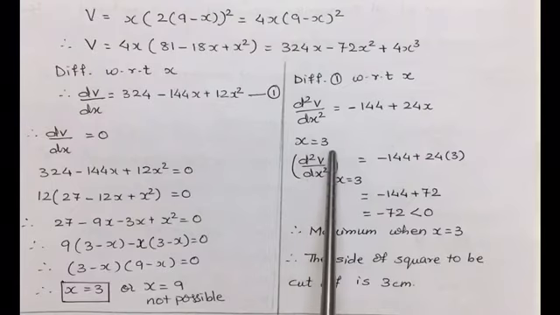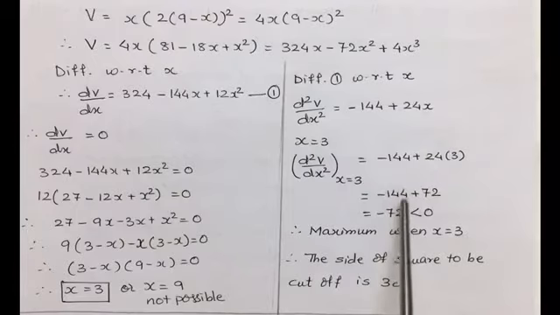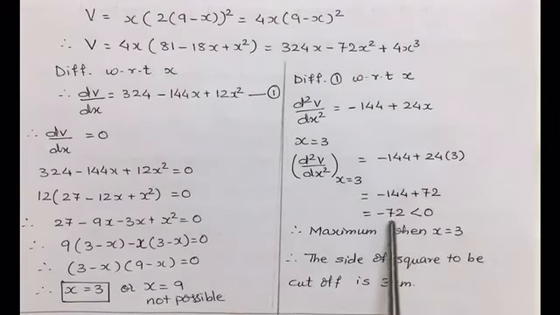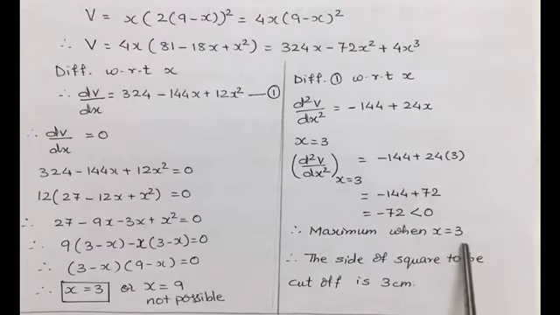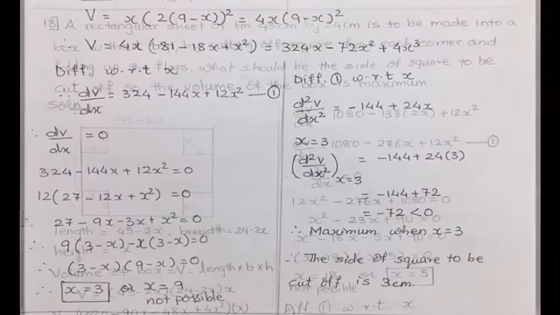Keeping the value of x equal to 3 in the second derivative and calculating it, we get minus 72, which is less than 0. Therefore, it is maximum when x equal to 3. So the side of the square to be cut off will be 3 centimeter. So 3 centimeter square is being cut from each corner to maximize the volume.